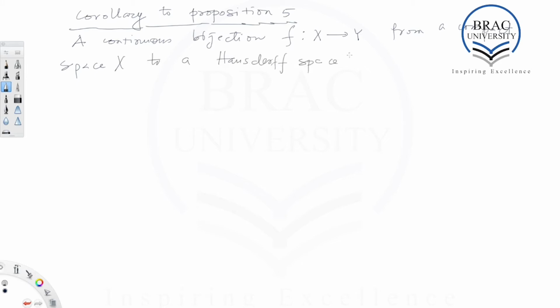it states that a continuous bijection f from X to Y, where X is a compact space, from a compact space X to a Hausdorff space Y, is a homeomorphism.